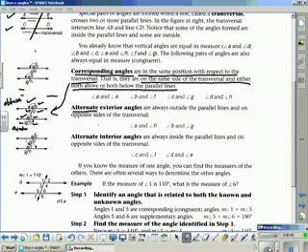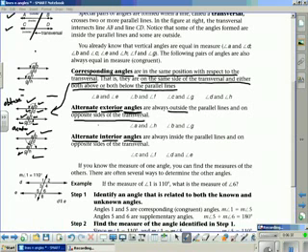Let's talk for a minute about alternate exterior angles and alternate interior angles. You need to make sure you understand the vocabulary words. Alternate exterior angles. Exterior means outside, and alternate means on opposite sides. So let's take a look at the alternate exterior angles. The exterior angles are angle A, B, G, and H because they're on the outside of the transversal.